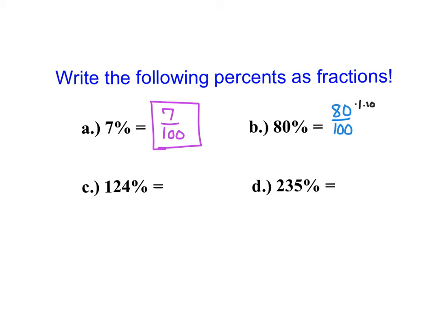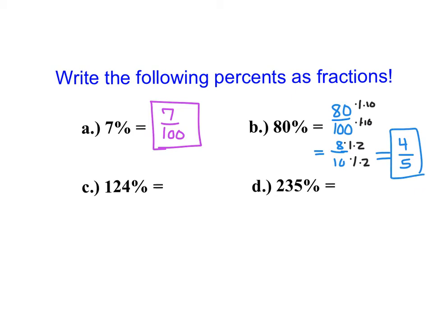Both of them are divisible by 10, so that would simplify down to 8 over 10. Then I can see that both of these are also divisible by 2. So in simplest form, 80% written as a fraction would be 4/5.